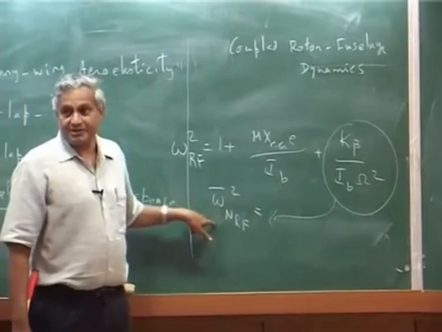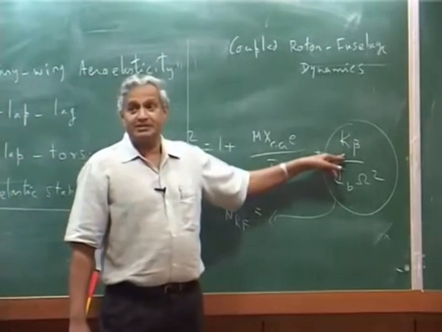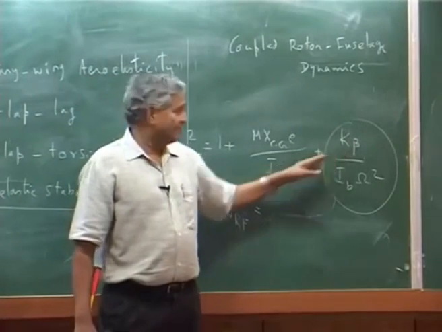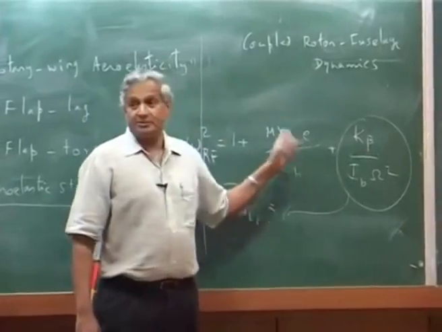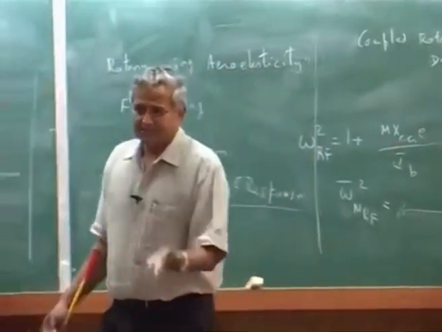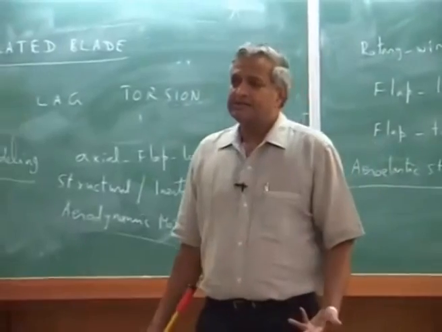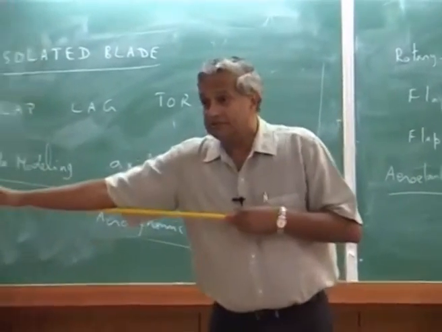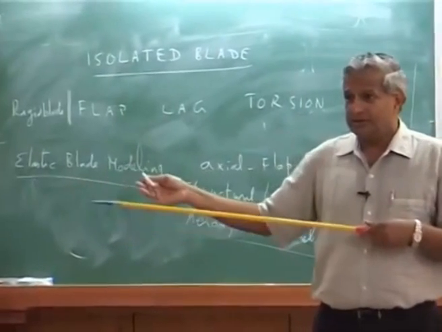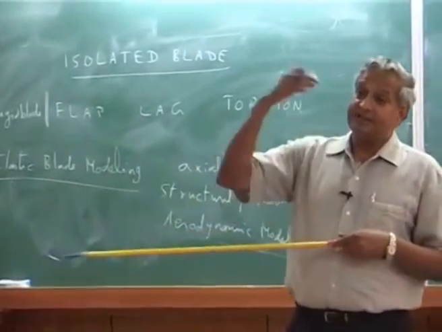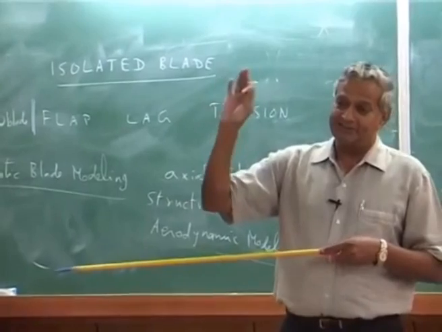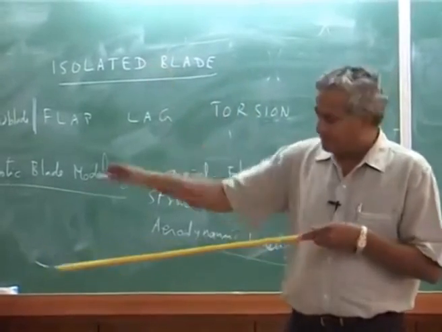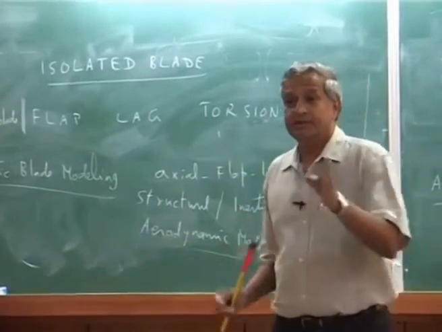Suppose if you have non-rotating frequency, then you can say, okay, this is my K beta. And then once I know that, then I can go and get it. There is another way. Or else they will say, if my K beta is 0, what is my hinge offset? That means that will be an equivalent articulated blade with what hinge offset.